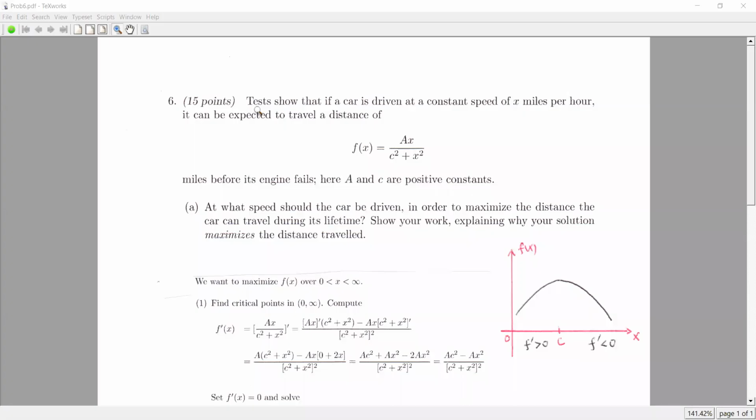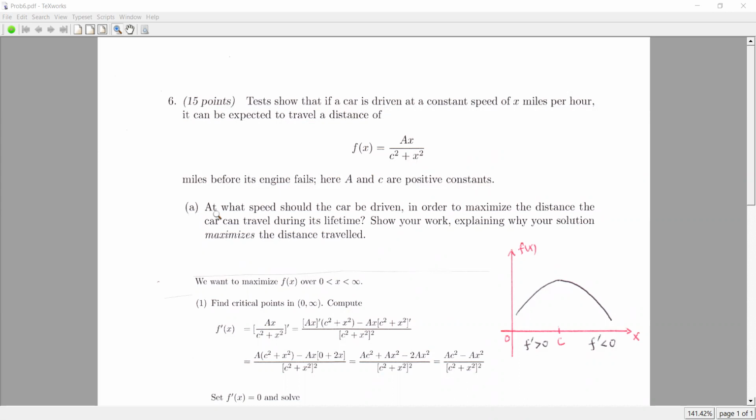Problem 6. Test so that if a car is driven at a constant speed of x miles per hour, it can be expected to travel a distance given by this function before its engine fails. Here A and C are positive constants.